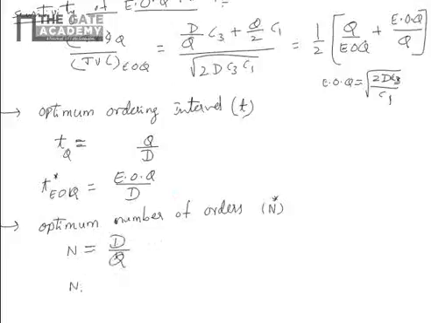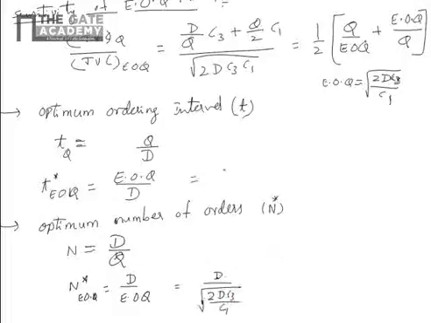So N at economic order quantity, N star, equals D by EOQ. If you consider economic order quantity, then it is called EOQ. So D by EOQ, we know that EOQ is root of 2 D C3 by C1. So simplify this and you can get it.